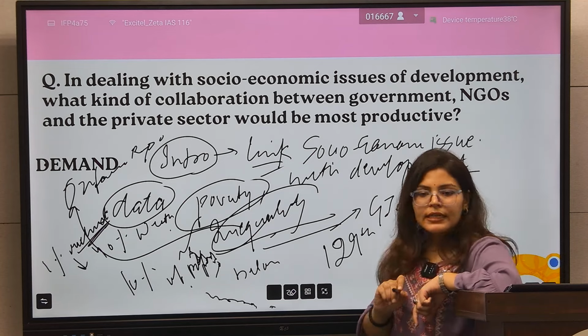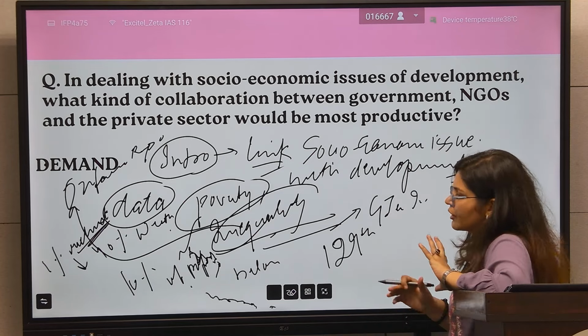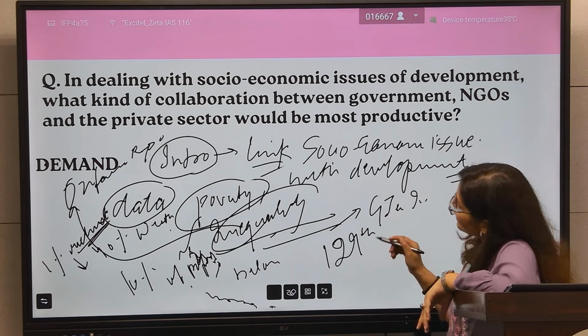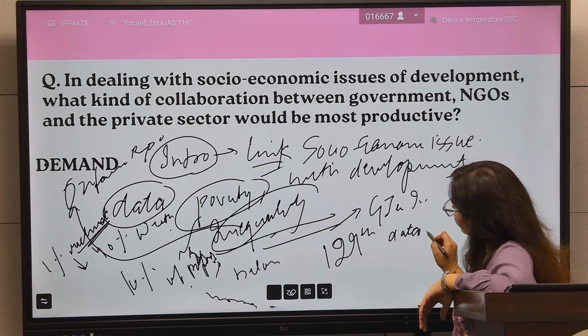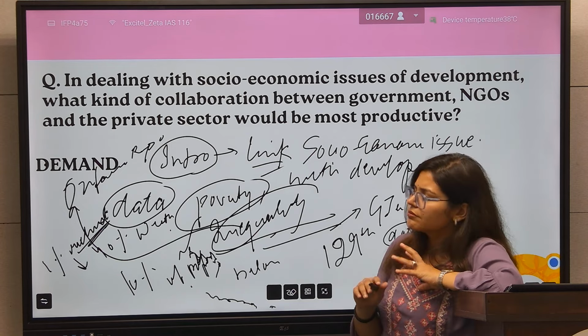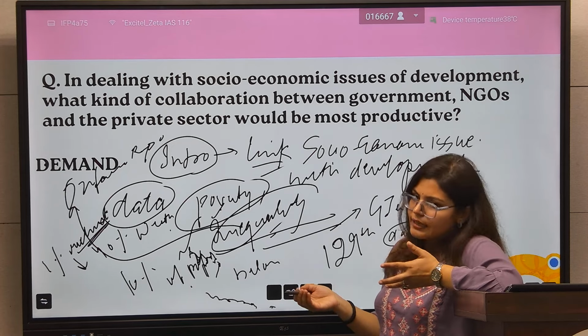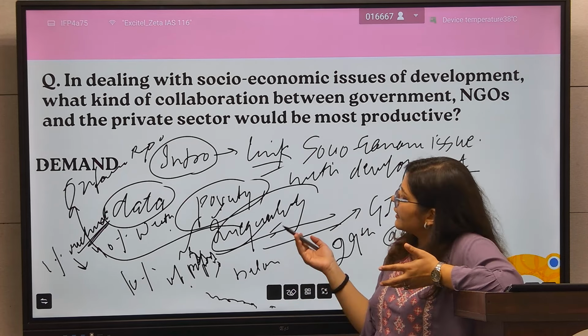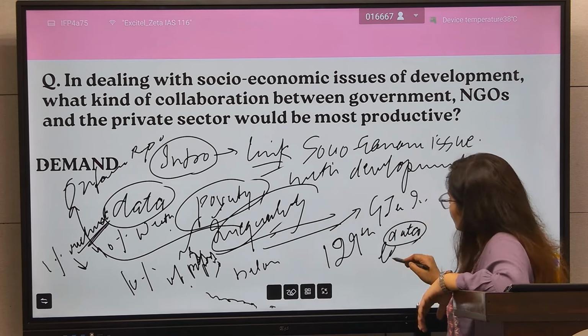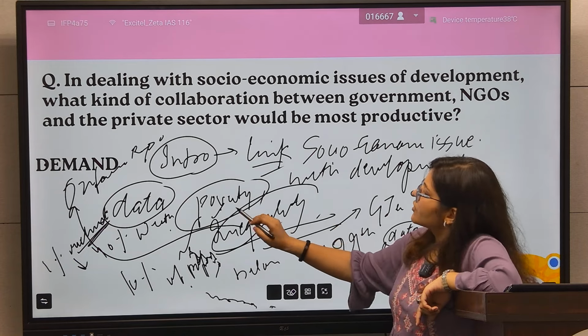So if you have data, write data in the introduction. You should have poverty data and inequality data, because these are the basic data you should have in GS paper 1.